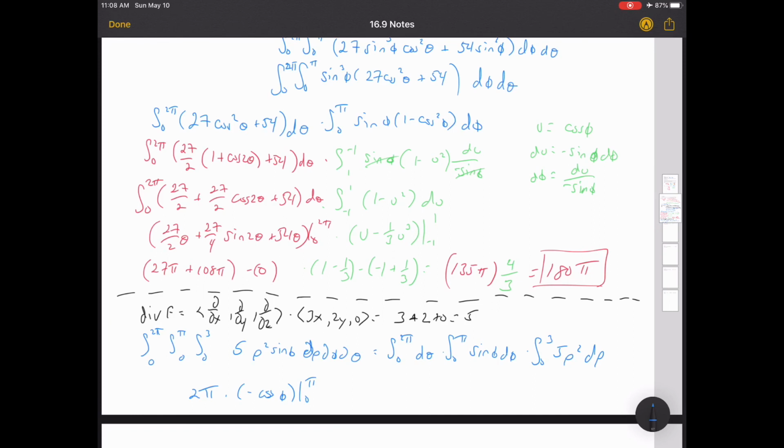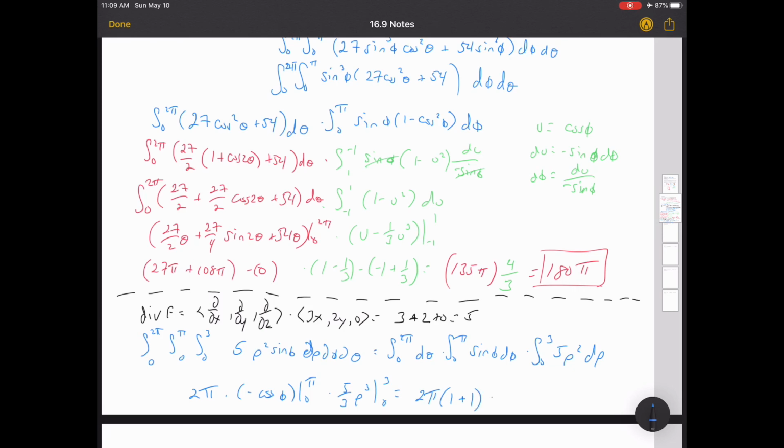And then the integral of 5 rho squared is 5/3 rho cubed from 0 to 3. So we get 2 pi. Plugging in pi for cosine is -1, but the negative negates that, so we get 1. Minus, plugging in 0 gives us 1, so it's 1 minus minus 1, which is actually plus 1.